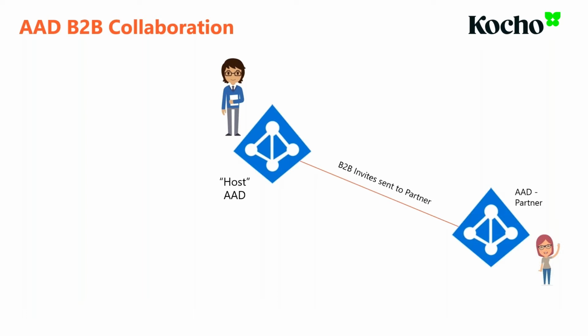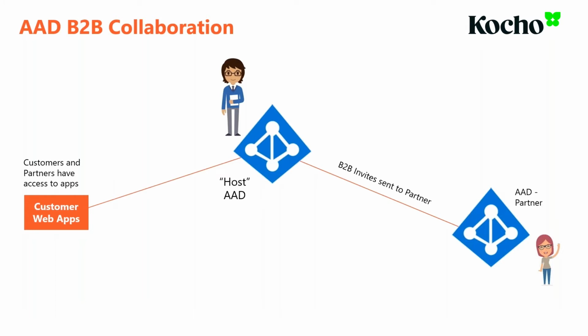That returns a token to the host Azure Active Directory that it can trust once it's unpacked, and then finally the host sends a token back to the web application. The web application has a trust relationship with the host AAD, so it can unpack and understand and trust that token. So it's a kind of token-based authentication.